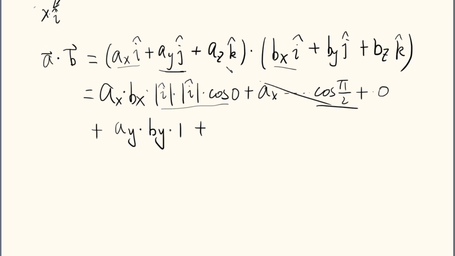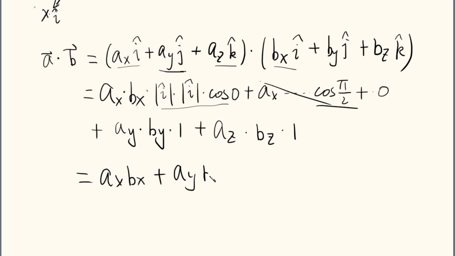So the last one, AZ times BX I roof is 0, 0, AZ times BZ times 1. So the result is AX BX plus AY BY plus AZ BZ.